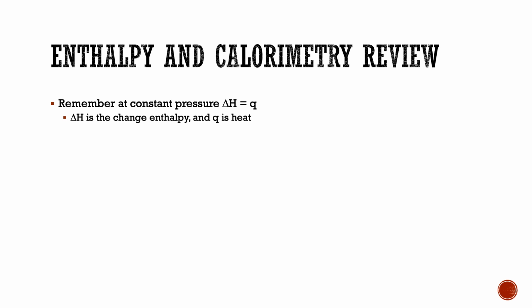From a calculational sense, delta H is just equal to Q as long as we're at constant pressure, where Q is heat. For this lab, if you're working in any open air container, you're going to be at constant pressure, just general atmospheric pressure.